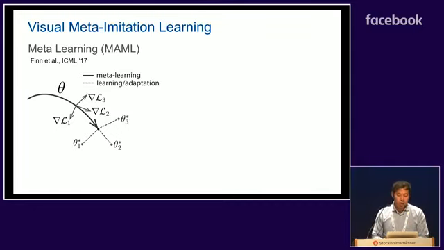And the goal is to find theta so that when we find a new task i, given a limited number of demonstrations for task i, a task-specific policy parameterized by theta i can be quickly obtained from theta by a few, or ideally 1 gradient step on a task-specific loss, Li.